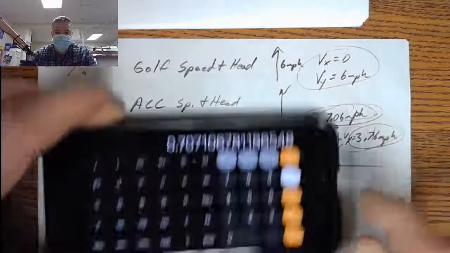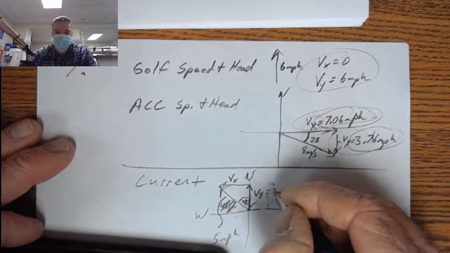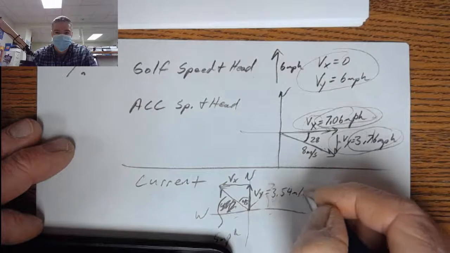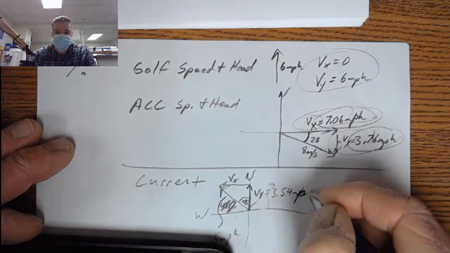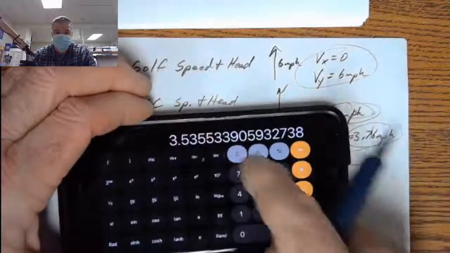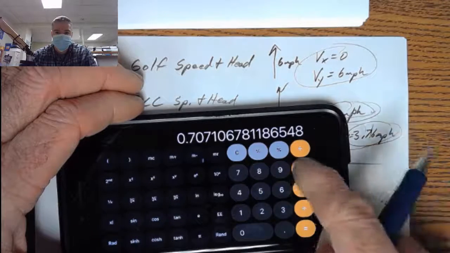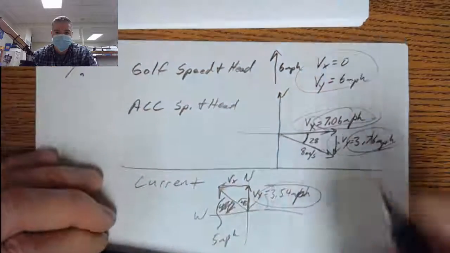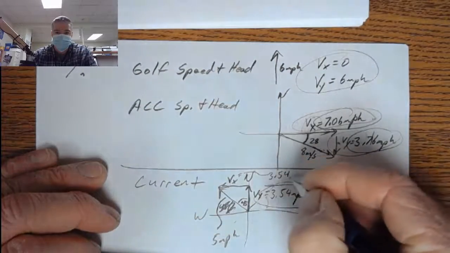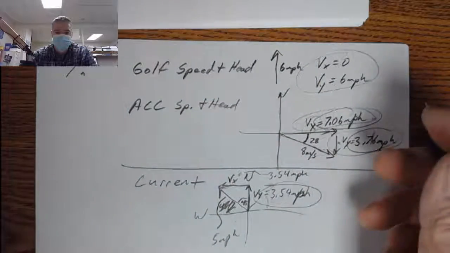Times 5, 3.53, or 3.54 miles per hour, not meters per second. And Vx is going to be the same, but just for the heck of it, 45 sine times 5, 3.54. But of course this is to the left, so it's going to be negative.